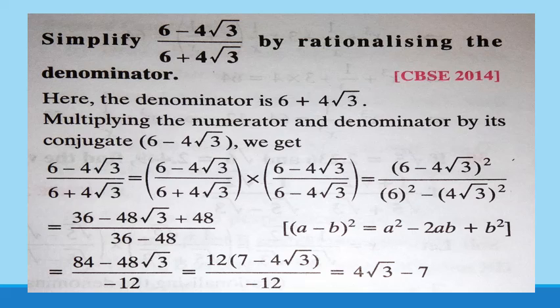Denominator is a square minus b square, that is 36 minus 48. So the answer is 84 minus 48 root 3 upon minus 12. Now take out 12 common from the numerator. 12 gets cancelled. Change the sign because it is the negative one. So 4 root 3 minus 7 is your final answer.